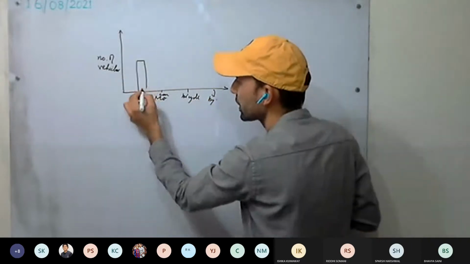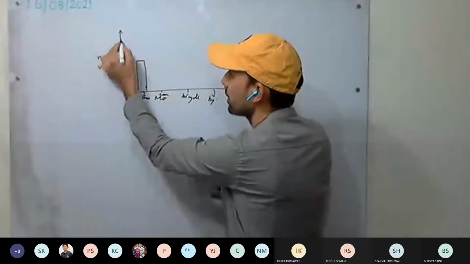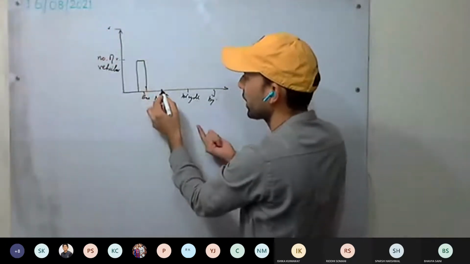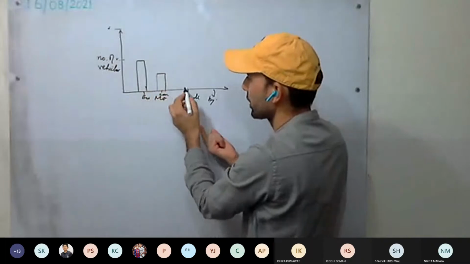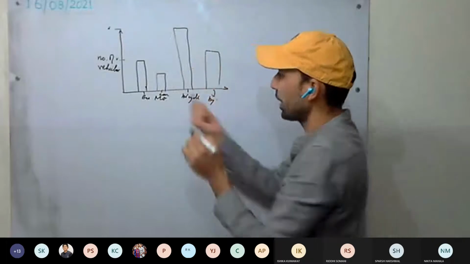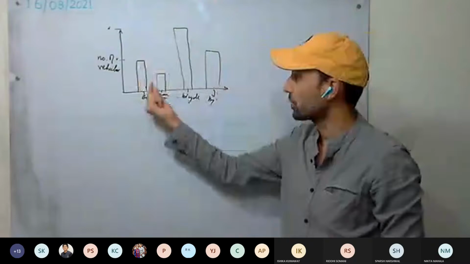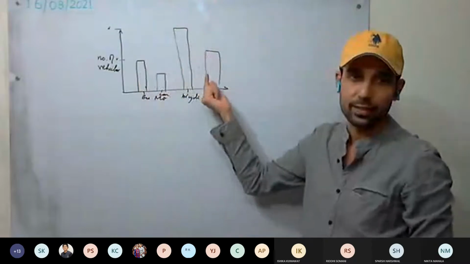And you used to draw, for example, students coming by bus is 10, you used to mark up to 10, then 20. If by car they are 5, you used to mark here. Bicycle, they are 20, like this. We have drawn the bar graphs. They are not in the shape of chocolate bars, these are rectangular bars only.